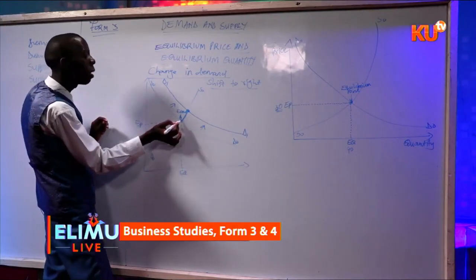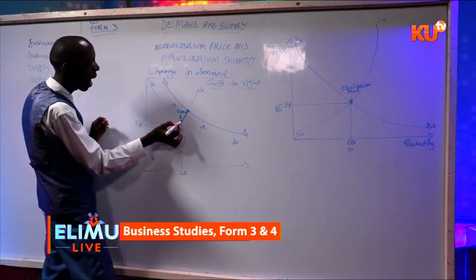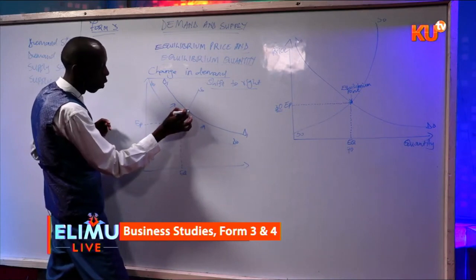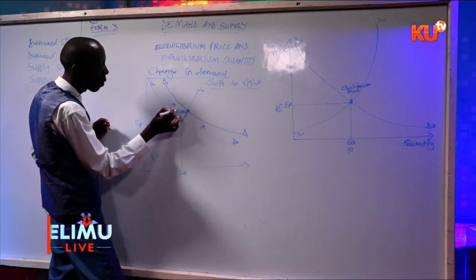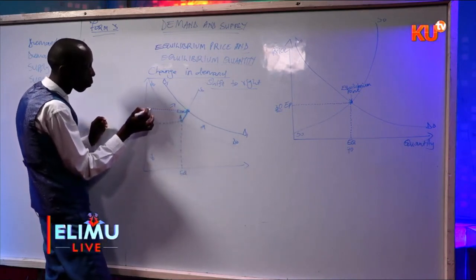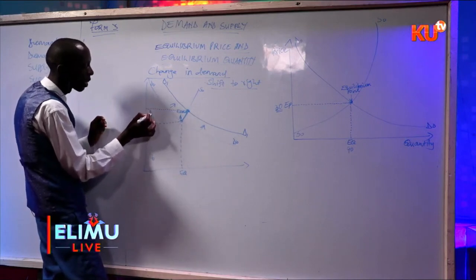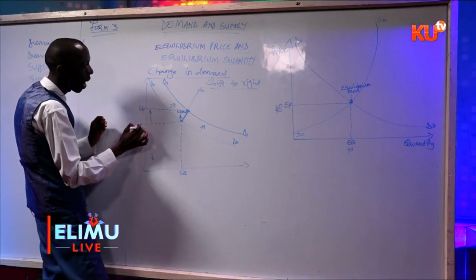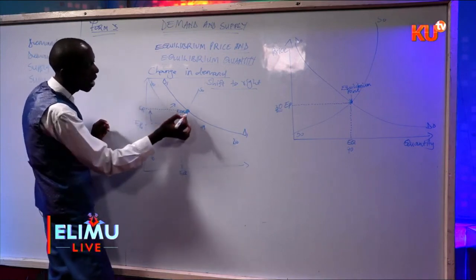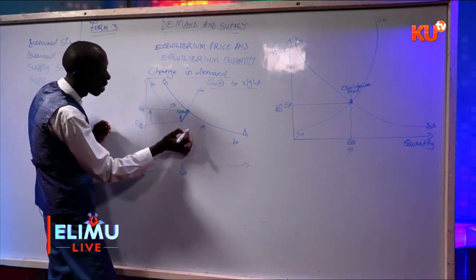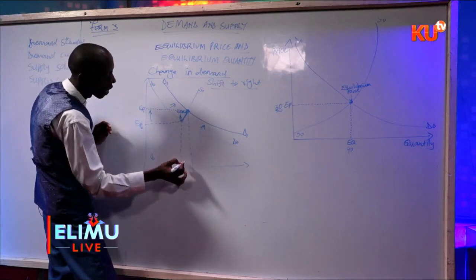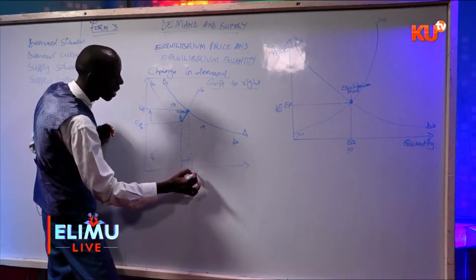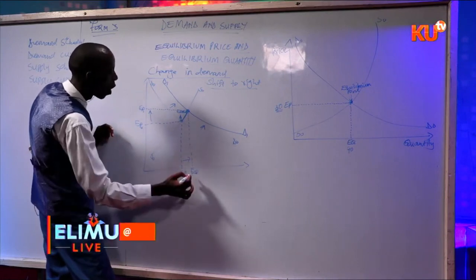The equilibrium point moves upwards and to the right, while the equilibrium price moves upward, showing that there is an increase in price, and the equilibrium quantity moves to the right, showing that there is an increase in the quantity.